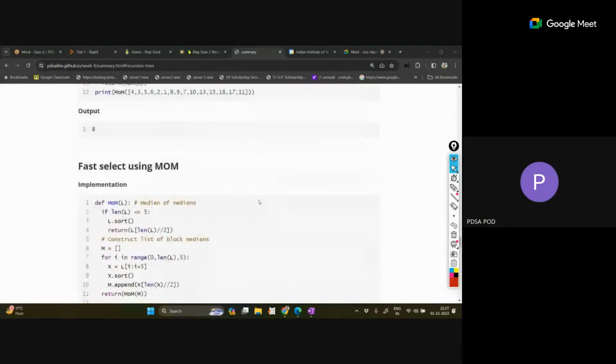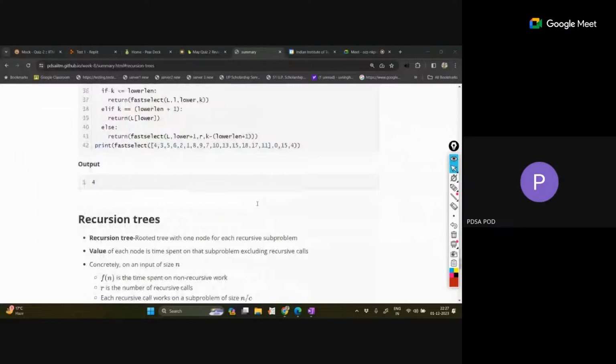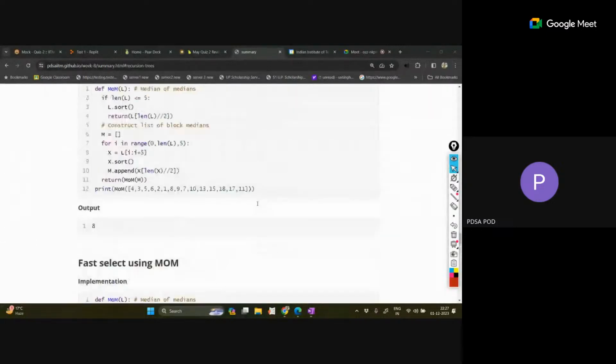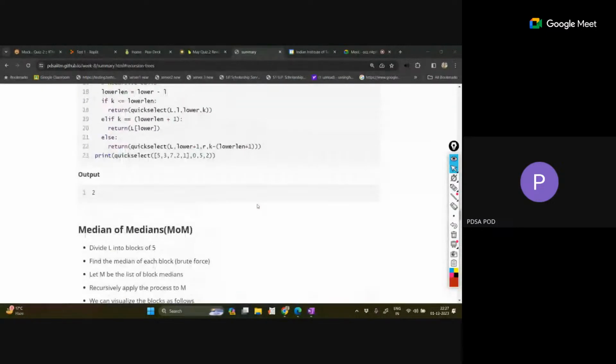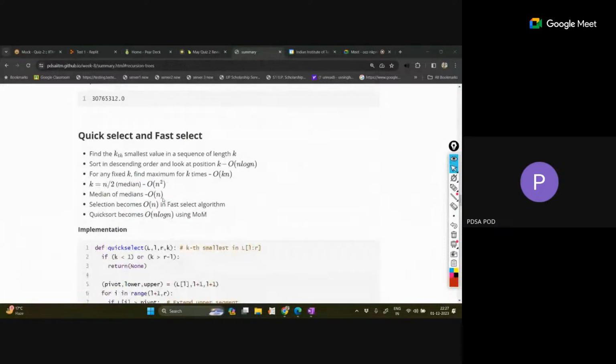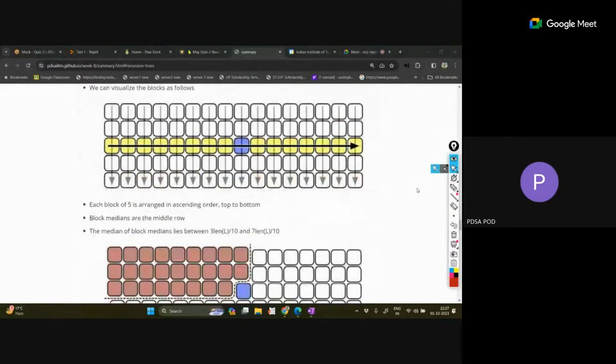If we follow the MOM process, the median of medians, what complexity did we actually get? Quick select becomes n log n using MOM. Selection becomes O(n) with the fast select algorithm. Okay, let's discuss this recursion.